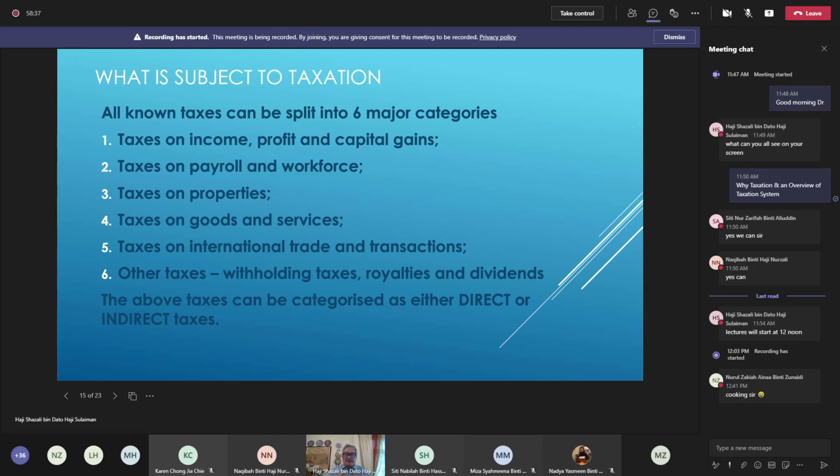So if me, Shazali, UK is doing business in Brunei, when I bill for $100, the government or the contractor has to deduct, in this case, it's 10%. Yeah. So instead of getting $100, I only get $90. Yeah, because I am a non-resident doing work in Brunei. So that's what withholding tax is.